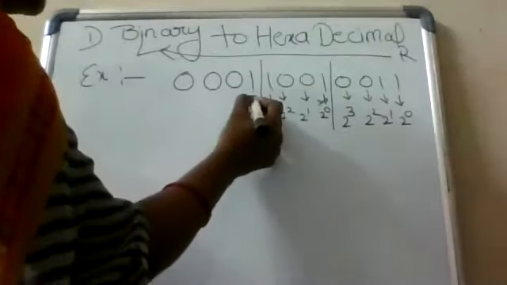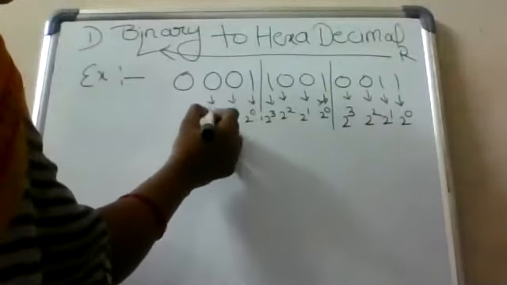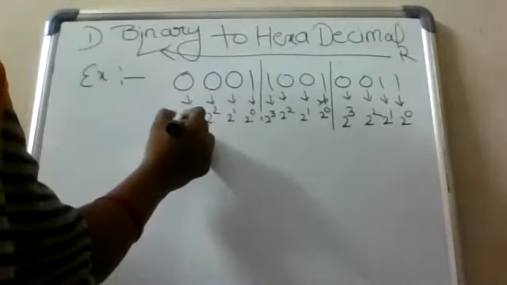Here also, the same: 2 power 0, 2 power 1, 2 power 2, 2 power 3, in each part.